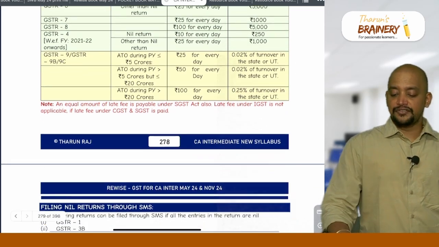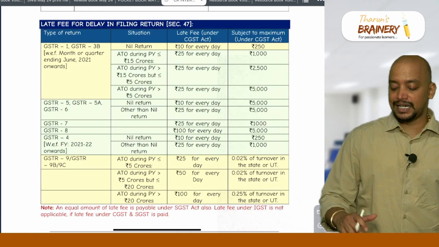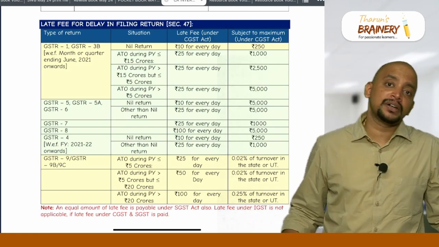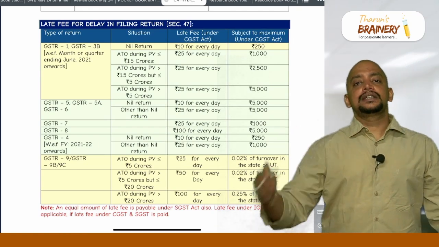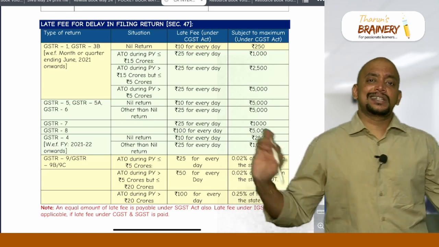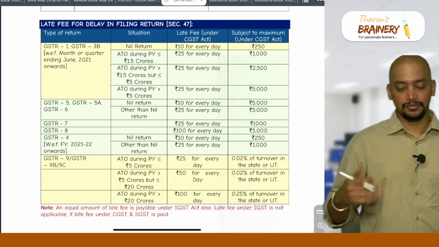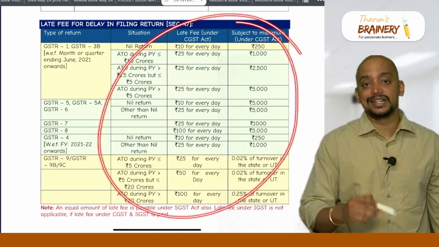You need to remember this late fee for MCQ purposes, and the same late fee is payable under the SGST Act also. Remember, apart from this, for any other return, if there is any delay in filing, there is a standard late fee. What is the standard late fee? 100 rupees per day, subject to a maximum of 5,000. But these are some discounted late fees that are available here.